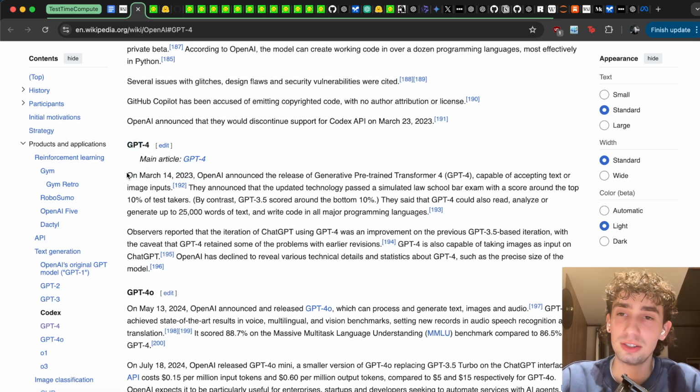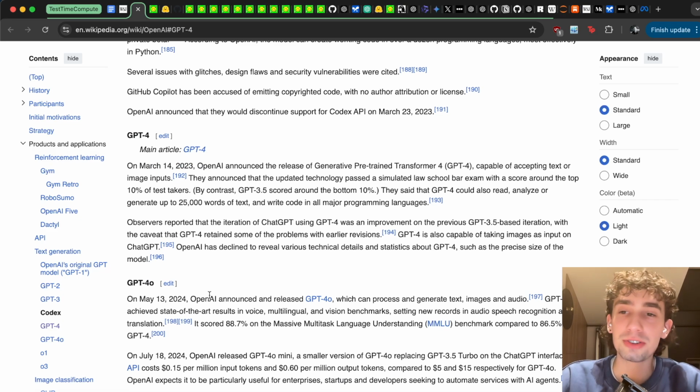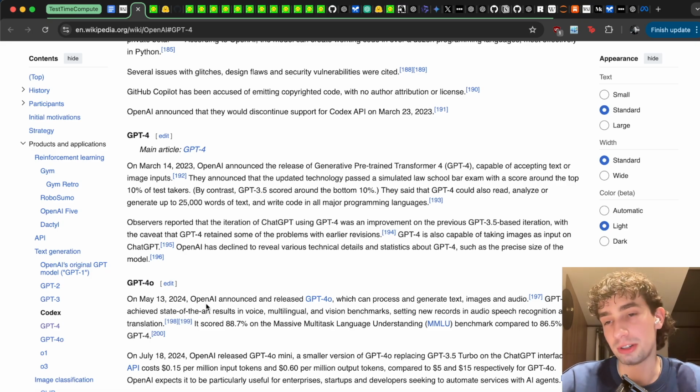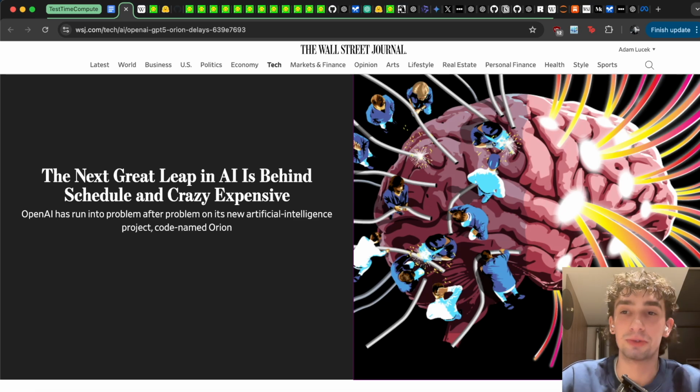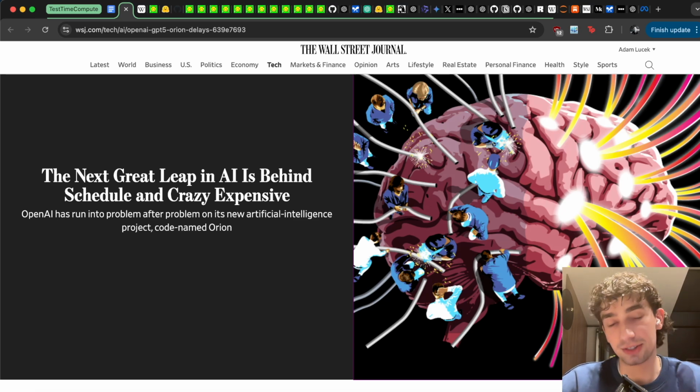GPT-4 itself was released over a year ago, and the only major update since has been the release of GPT-4o. While GPT-4o is a very capable model, we've also heard from some reports that scaling and training runs on the next state-of-the-art models, which are actively being created, aren't necessarily going as well or to plan as they have been for the last few years.